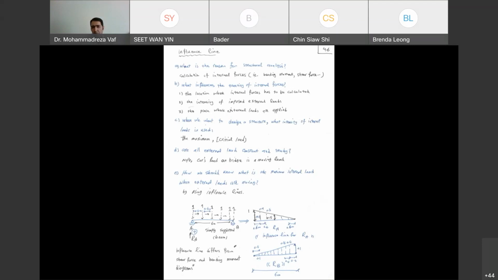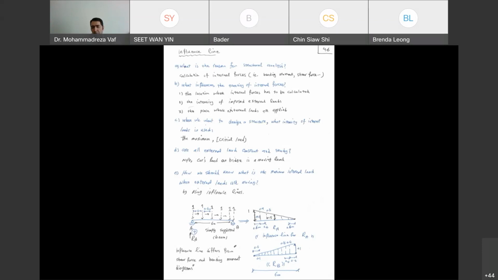So when it comes to moving load, the bending moment and shear force diagrams that we learned before are not functioning well anymore for finding the worst case scenario, because when you calculate the bending moment and shear force, you assume that the force is not moving and is constantly on the structure.